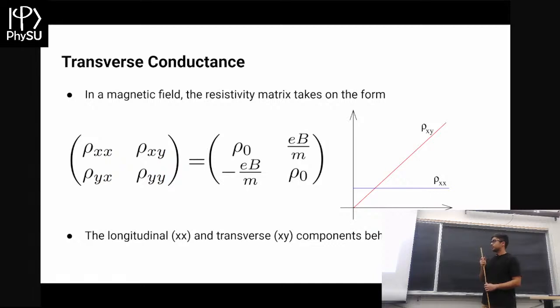If you apply an electric field in the x direction, you'll get a current in the y direction. It turns out it's proportional to B. So these two components of the resistivity matrix, they're very different. And one of them might be intuitive, the other one maybe not so much. I'll talk about this a little bit more when I go into the microscopic quantum explanation of this.